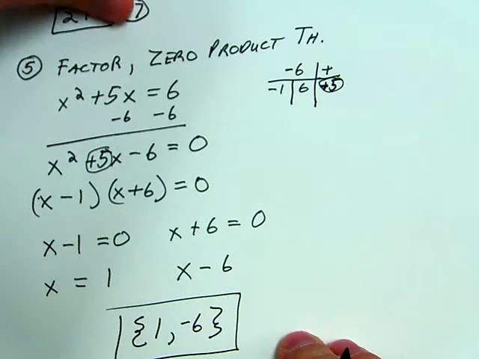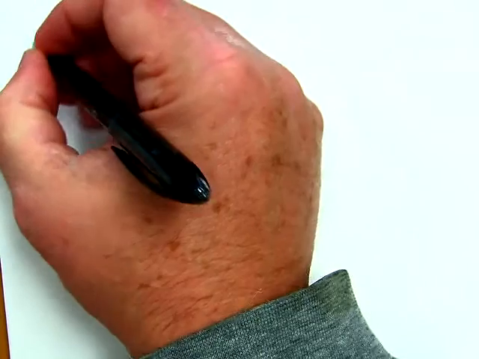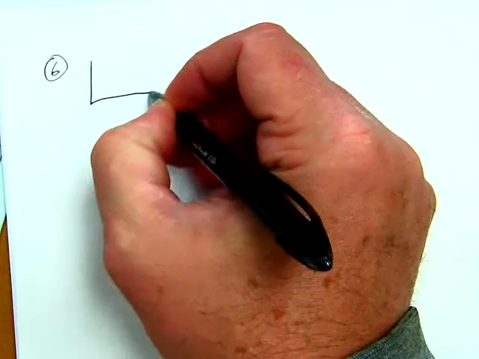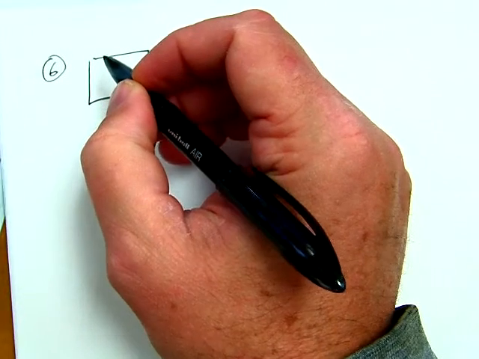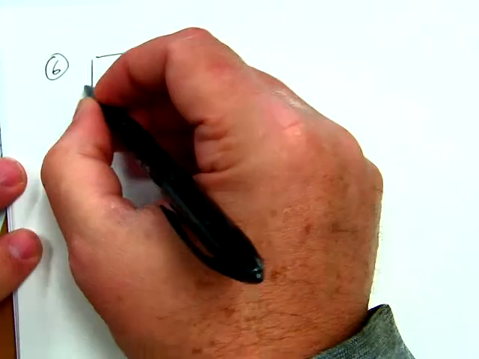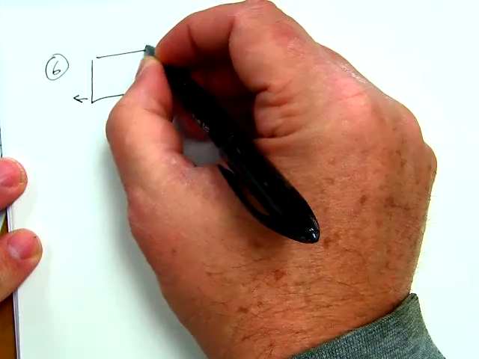So let's look at the last example, example 6, excuse me. Example 6 goes like this. It's kind of a long, convoluted story, but basically I have a picture, and I want to expand that picture by the same amount out and up.